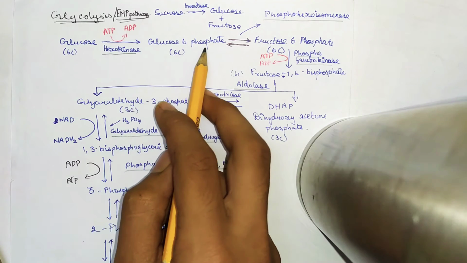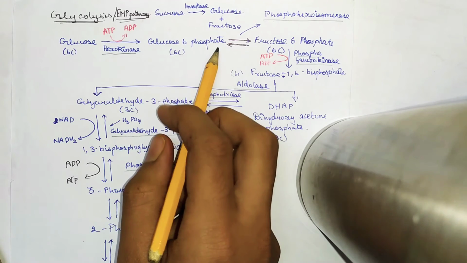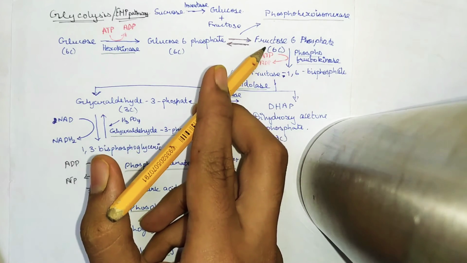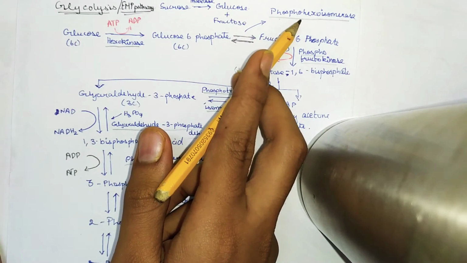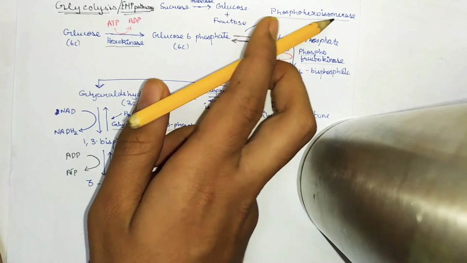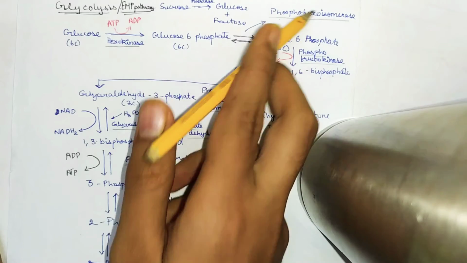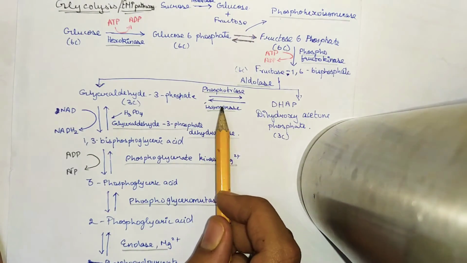Now this glucose 6-phosphate is also a 6-carbon molecule, and it can interchange with fructose 6-phosphate by the action of the enzyme phosphohexoisomerase. Again, isomerase. Here you will get isomerase, and later here also you will get isomerase.